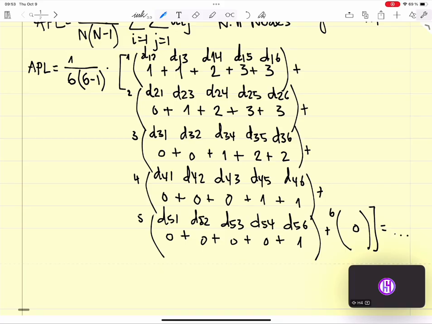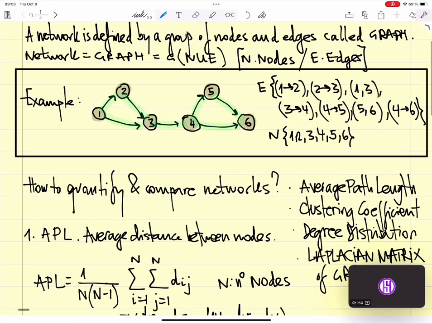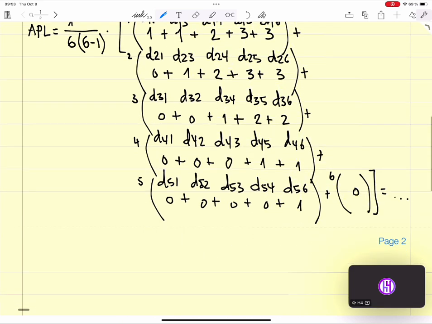Understood the concept? Not super difficult, but you need to know it. You need to have seen it once at least. So what's the key here? The best average path length is the shortest.